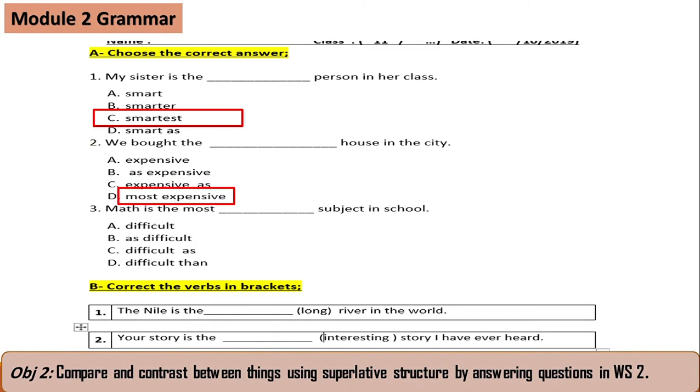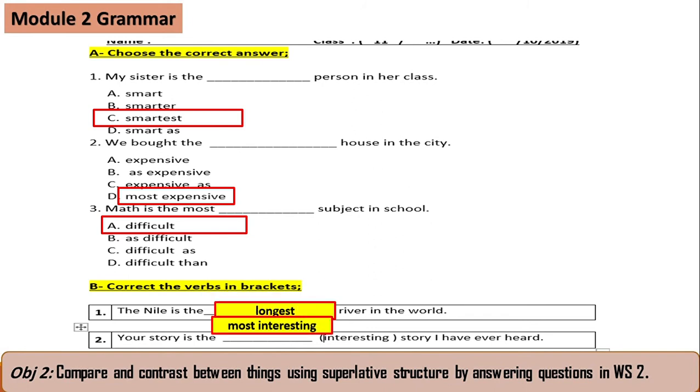Bravo. Math is the most difficult subject in school. Then you have the Nile is the longest river in the world. Then your story is the most interesting story I have read, or you can say the least interesting story I have ever heard.